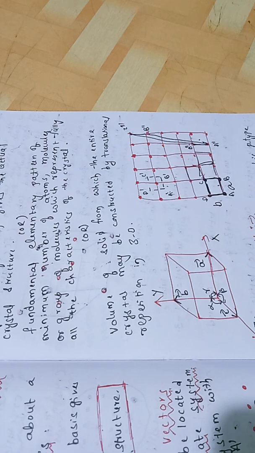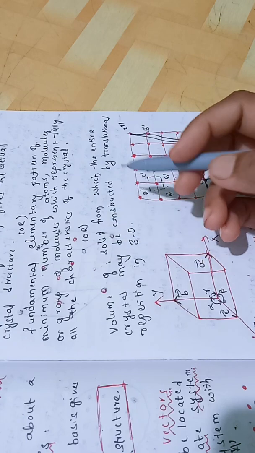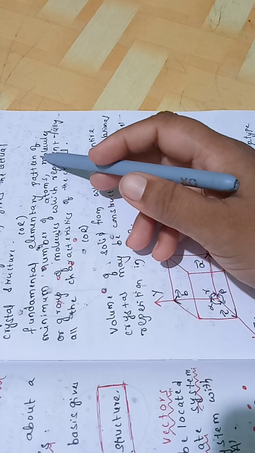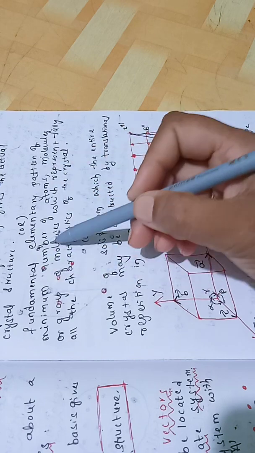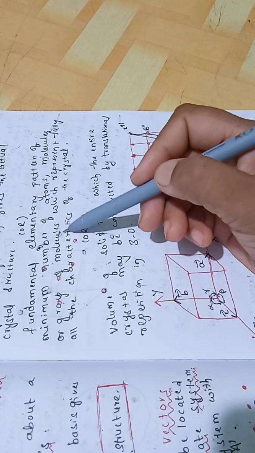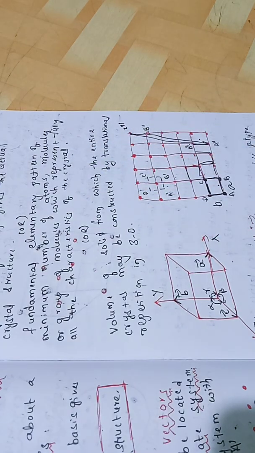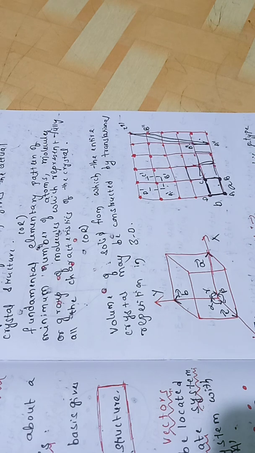Unit cell is defined as the fundamental elementary pattern of minimum number of atoms, molecules or group of atoms which represents the full characteristics of the crystal.